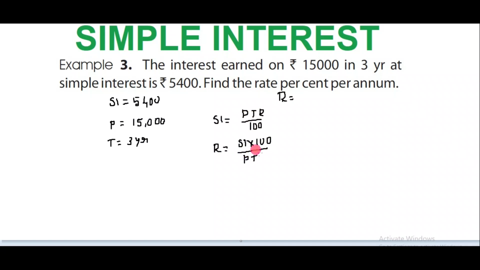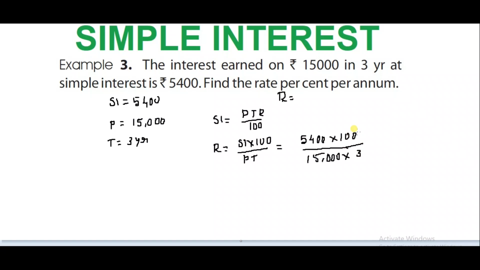P into T. Now substitute the given values. Simple interest equal to 5,400 into 100 by PT. P equal to 15,000 into time T. T equal to 3 years.